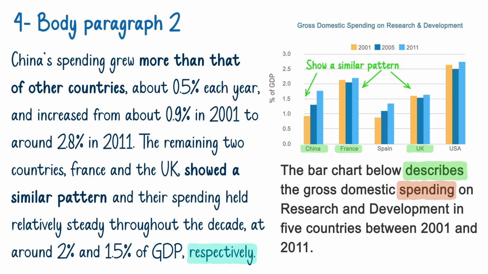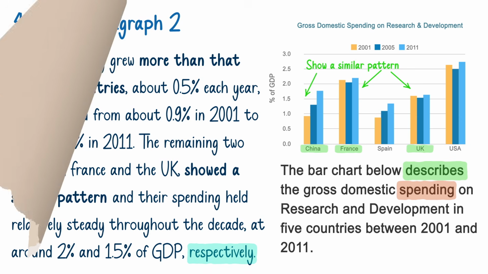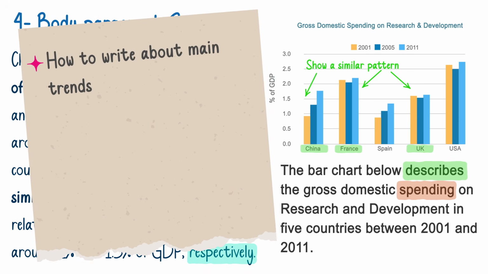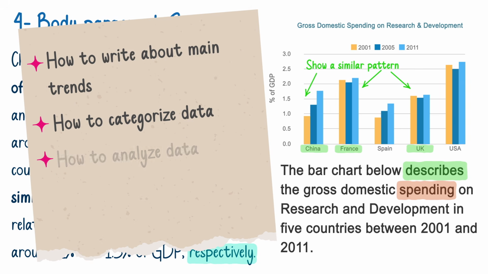So that's all we can write about this bar chart. Now, if I want to wrap it up here, the first important thing is how to write about main trends and main features of the report. How to categorize and group data is another important thing that you have to be well informed about. So grouping data is very important. How to analyze data is also very important in your body paragraphs.